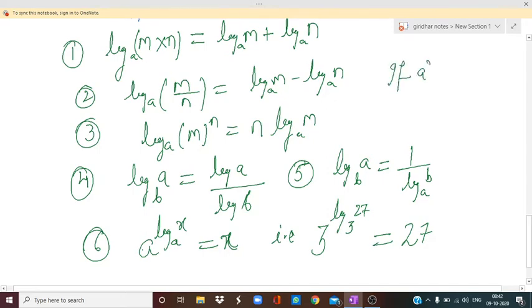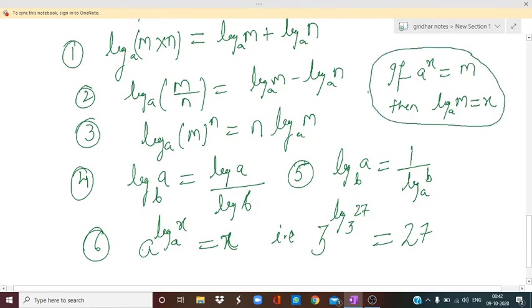This again I am writing: if a to the power x equals m, then log m with base a equals x. So these properties are there. With the help of these, we are able to solve the problems of logarithm. Do's and don'ts: log of a negative number does not exist with any base.